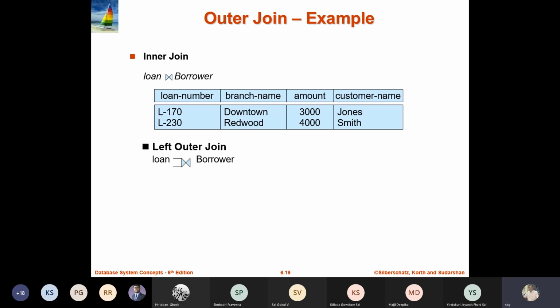Whereas in case of outer join, there are two outer joins: one is the left outer join, another is the right outer join.